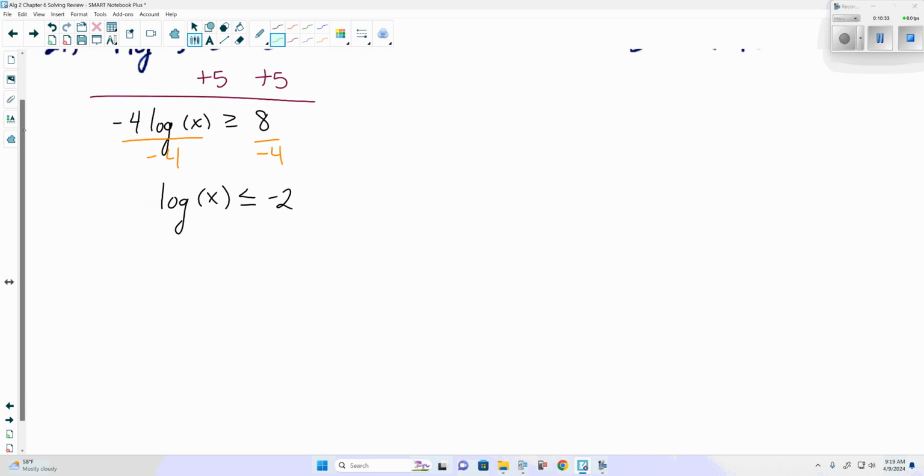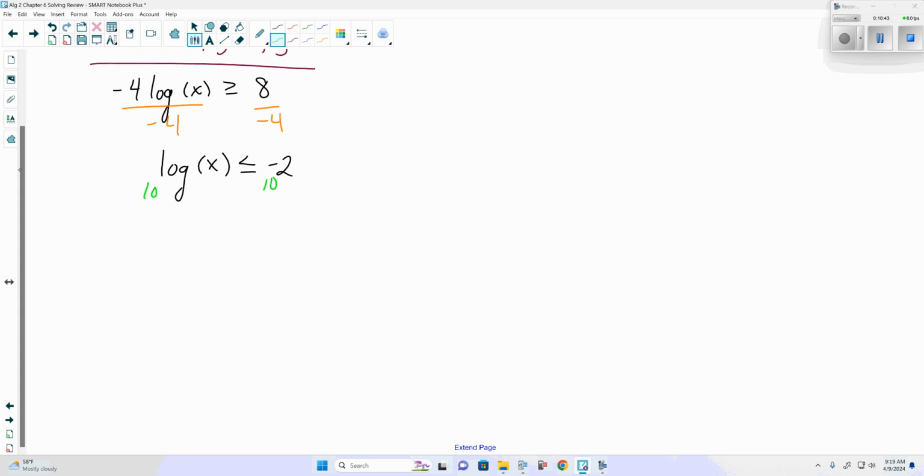Now we need to put both sides to the base what? 10. Because if it's not written, especially with log, it's understood to be 10. ln is e. Our 10 to the log of x just becomes x, is less than or equal to 10 to the negative 2, which is 1 over 100 or 0.01.